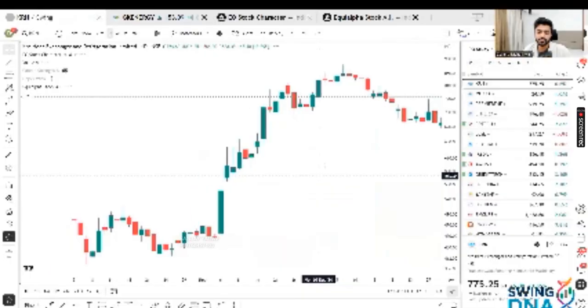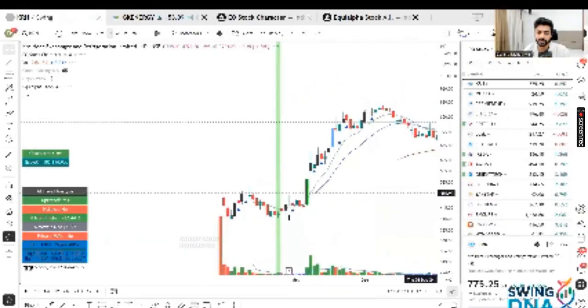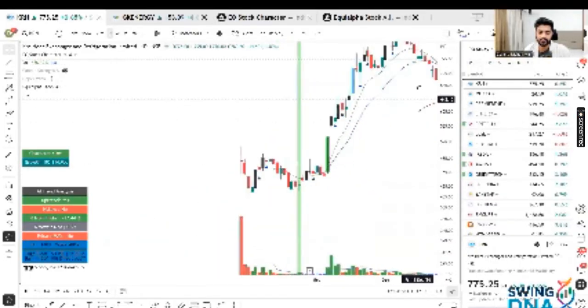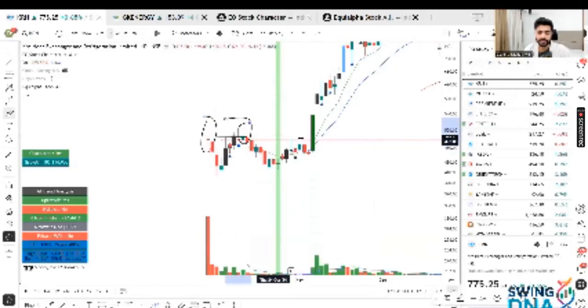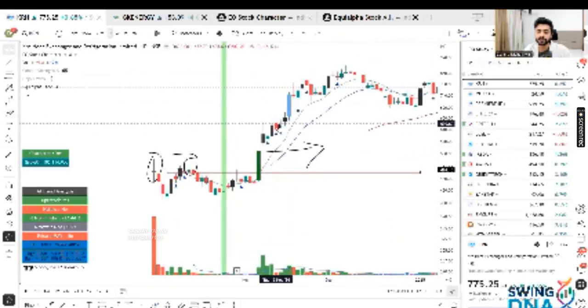KR and Heat, I think this also worked, gave a good 2, 3, 4 day move. But it still happened after the 15 days. Look at this high reversal up here, this candle, high reversal. Eventually it gave a breakout here, and it then moved fine.